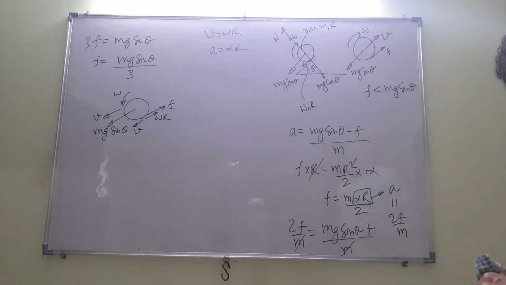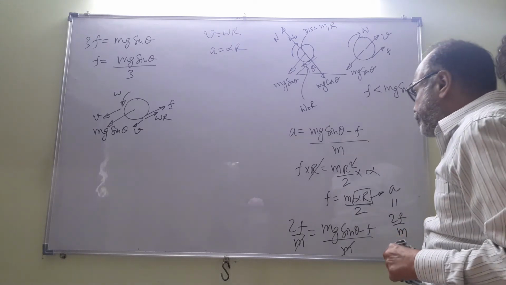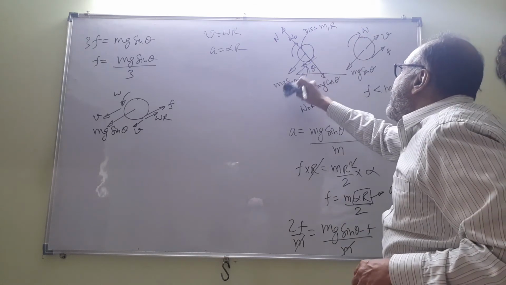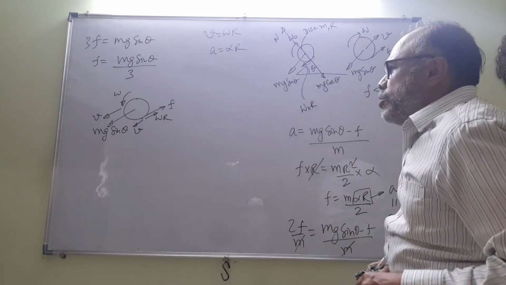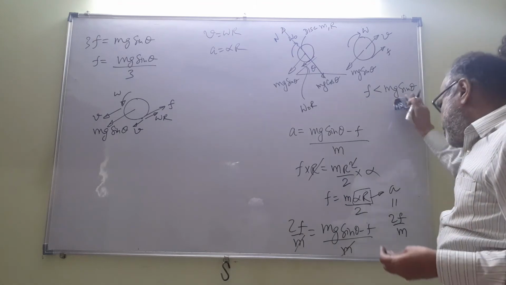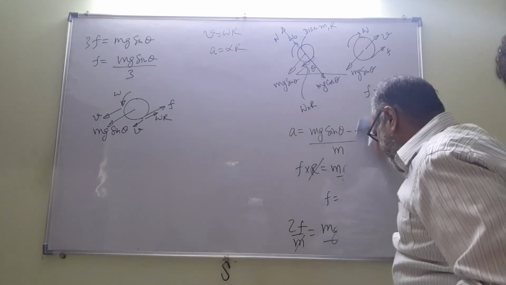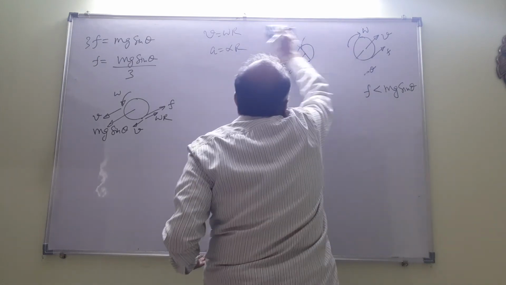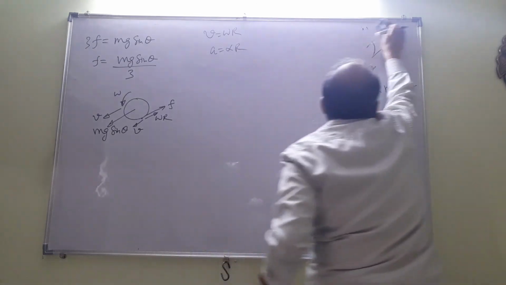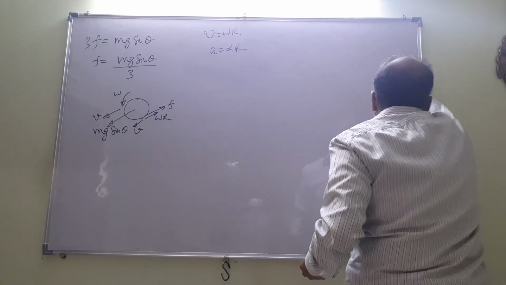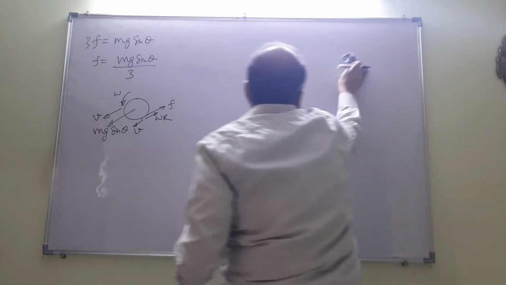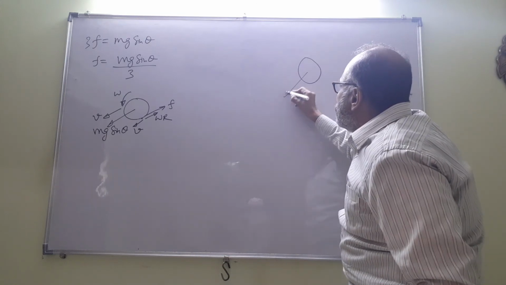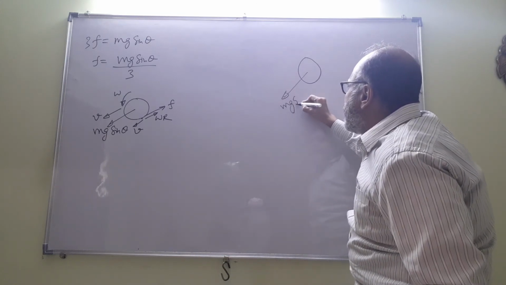Now let us take the second case where mg sin theta was greater than mu mg cos theta. This is the body here. You have mg sin theta.